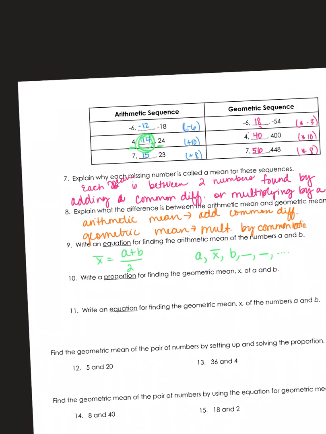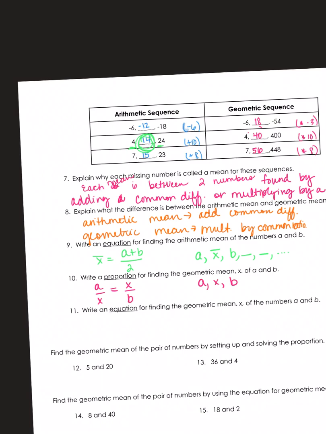So if my sequence was a, the geometric mean x, and b, a to x is proportional as x to b is because we're multiplying by a common ratio. So we can write the proportion a over x equals x over b.